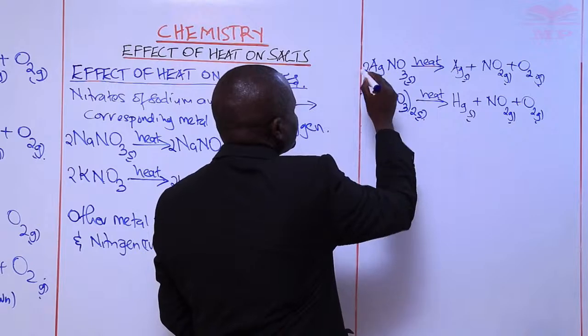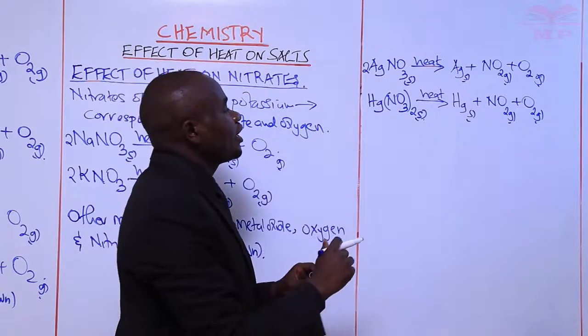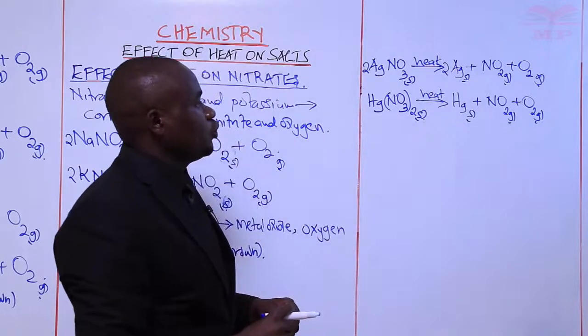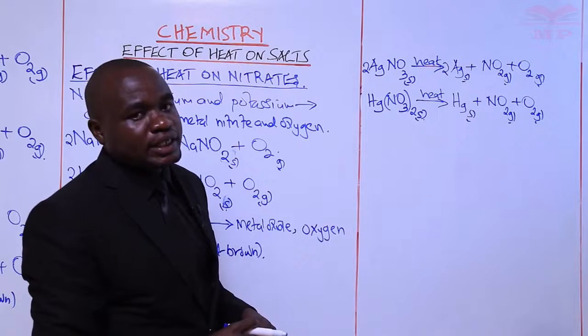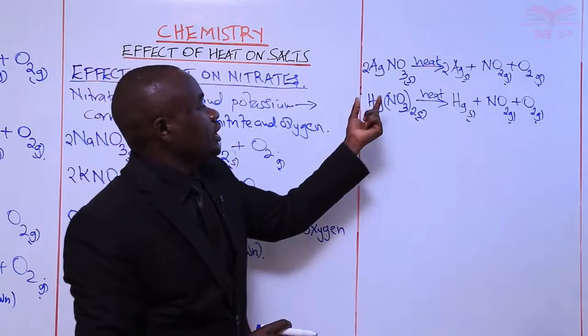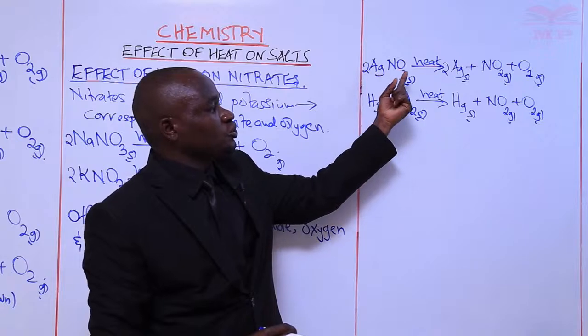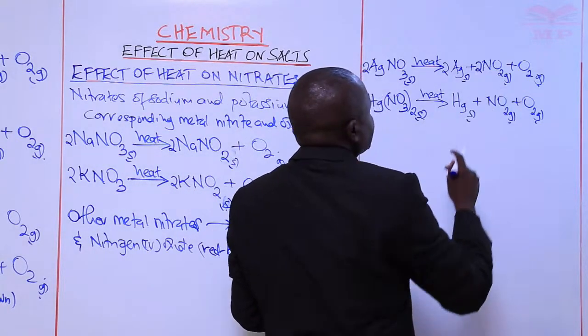If I put here 2, it will mean I will have 2 atoms of silver. Then I put here 2 so that the atoms of silver will balance. Next I balance the atoms of nitrogen. I'm having 2 atoms of nitrogen on the left. I should also have 2 on the right. So I put here a 2 like that.